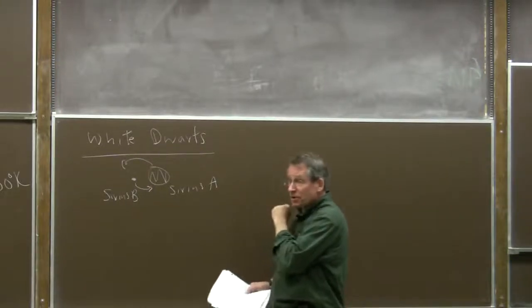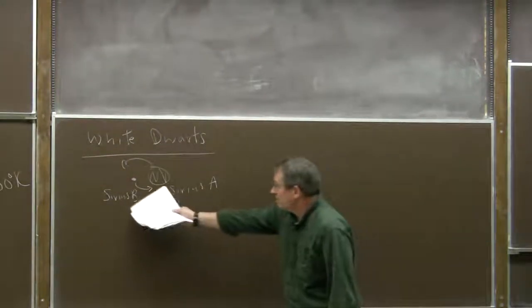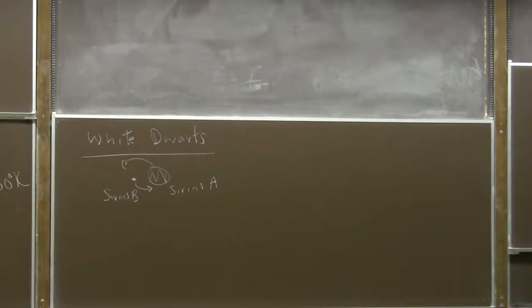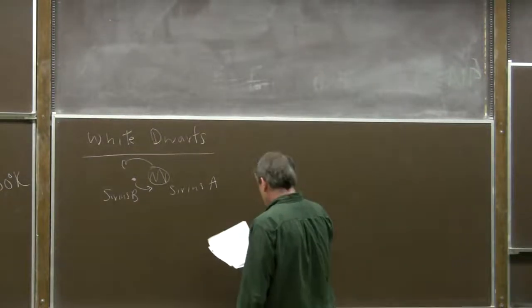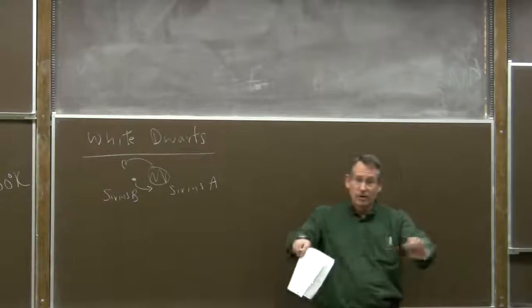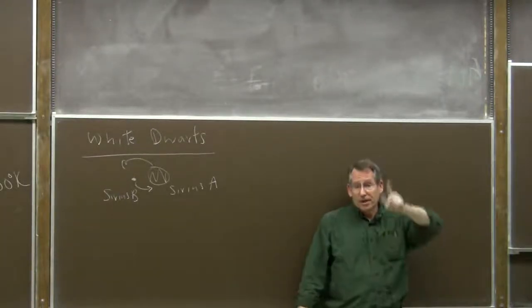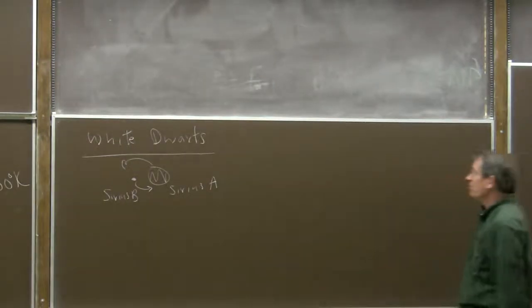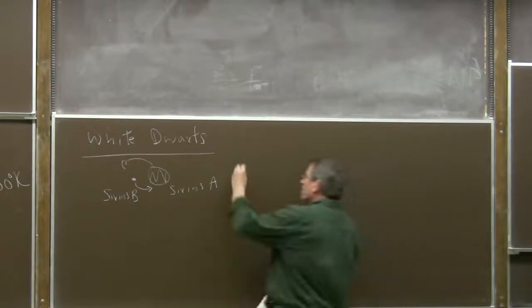Even in the 19th century, they were able to look at Sirius B. This is called the dog star, so this is the pup.